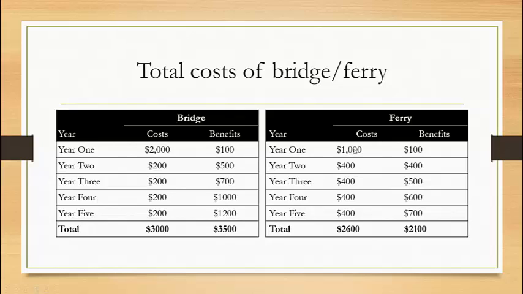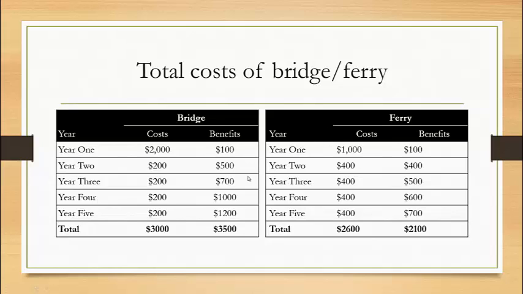In contrast, the ferry is cheaper, right? The overall costs are cheaper at $2,600, but the benefits are also less, right? So not only are they less in absolute terms, so we have a $1,400 difference in the value of benefits, but they're also less than the costs, right? So in this case, the benefits do not exceed the costs.